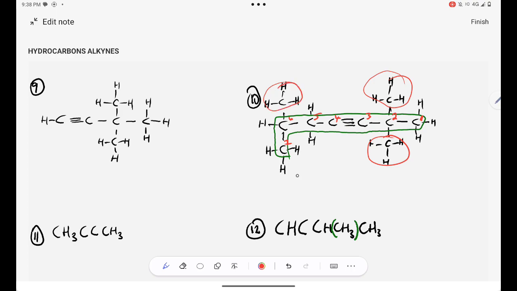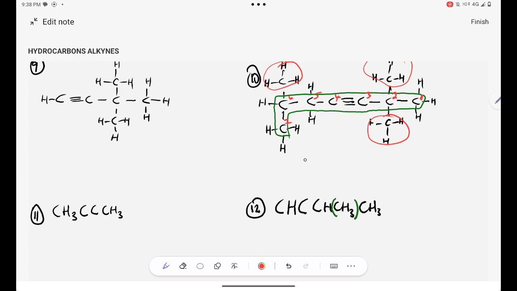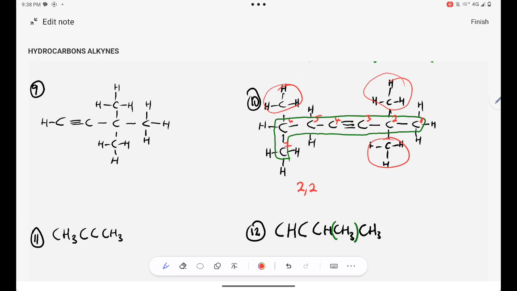So whenever I name this compound, I'll simply say 2,2, since I have 2 additions at carbon number 2. And then at carbon number 6, I also have an addition. This is trimethyl. The parent chain has 7 carbons, so the prefix has to be hept.